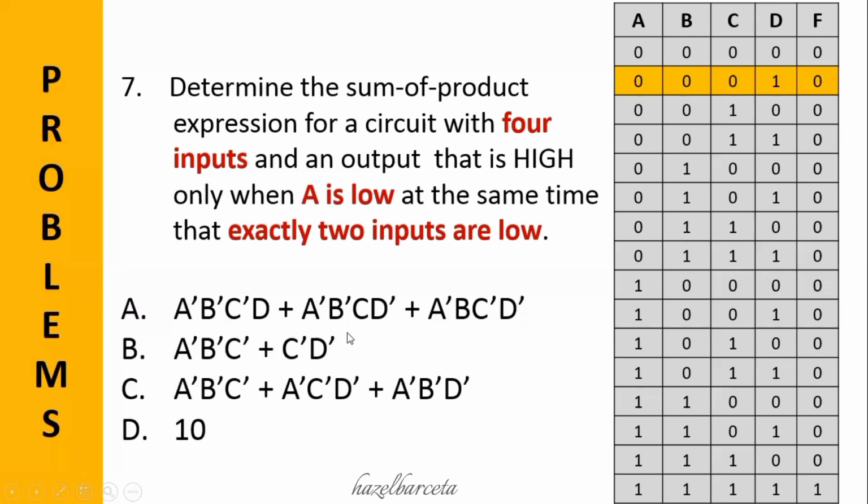So, locate naman po natin itong A prime, B prime, C, and D prime. So, yung C daw po ang 1, and yung tatlong natitirang variable ay 0. So, ito po yun. So, in green, yung pangalawang combination ay in green. At ang pangatlo, B daw po ang 1.